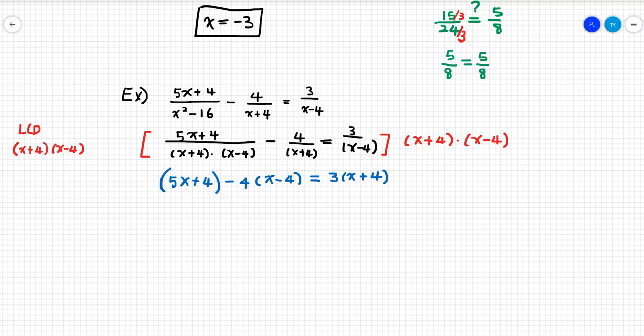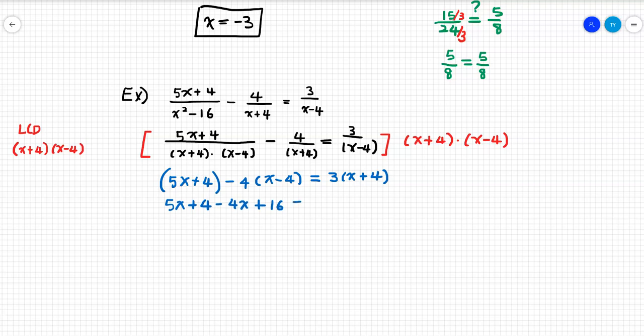Now we're going to have to use the distribution property. Okay, then multiply these out, and then we're going to combine the x terms and solve for x. So here's the 5x plus 4. If you multiply this out, I will get minus 4x plus 16.